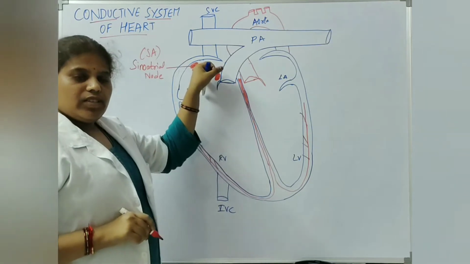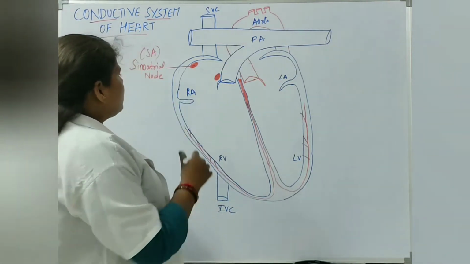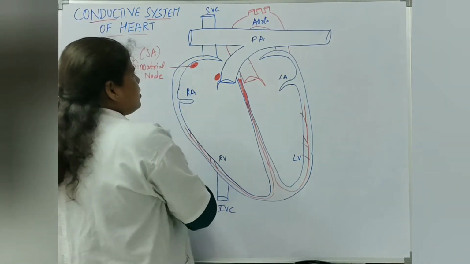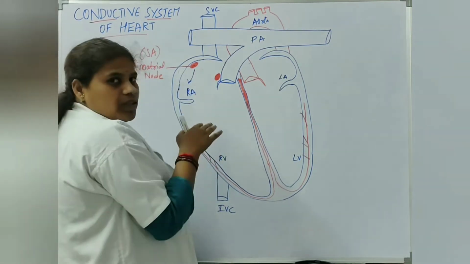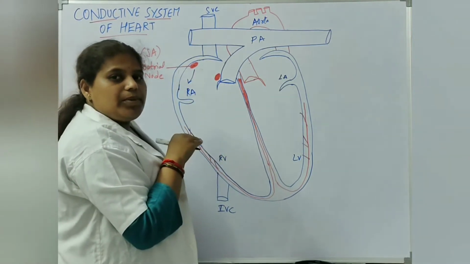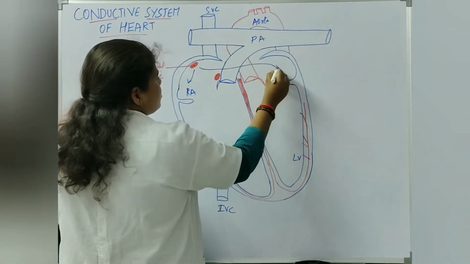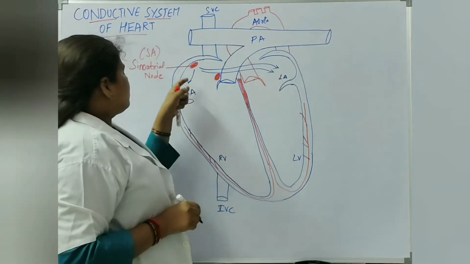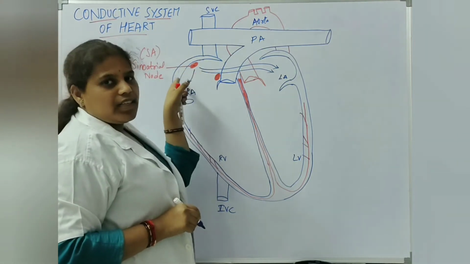The sinoatrial node generates impulses and transmits them to the right atrium. The impulses are transmitted to the right atrium, and not only to the right atrium, it also transmits the impulses to the left atrium. The sinoatrial node is present just below the superior vena cava near the coronary sinus.